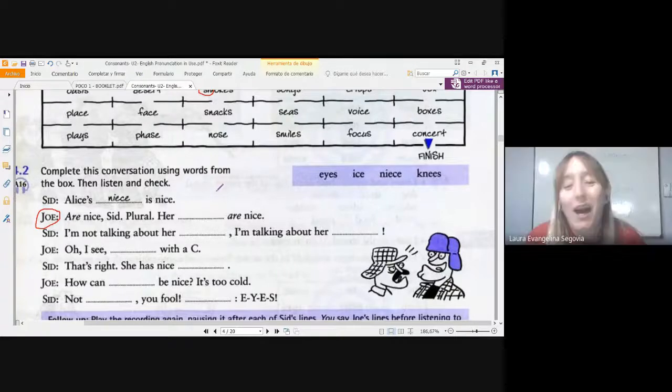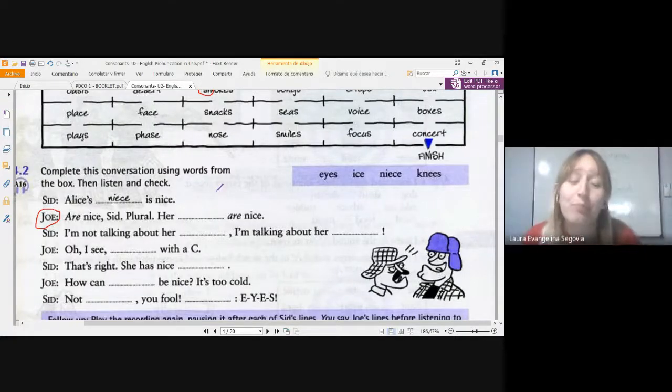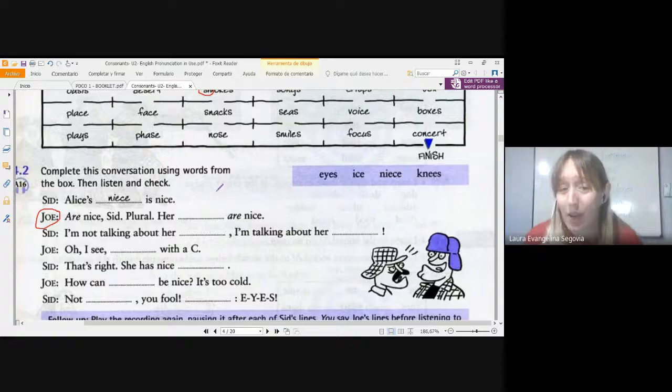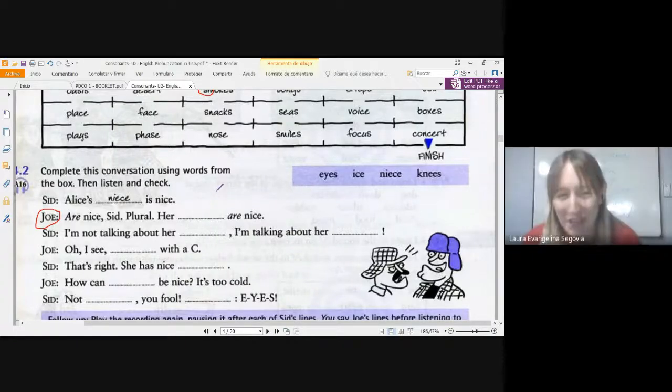I don't. Ah, you didn't do the homework. Shame on you. I'm not in my home. Okay. I'm not talking about her niece. Okay. Talking about her niece.